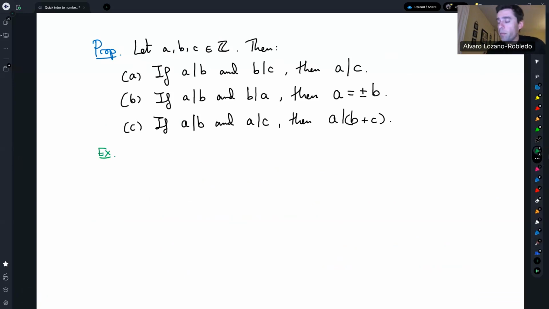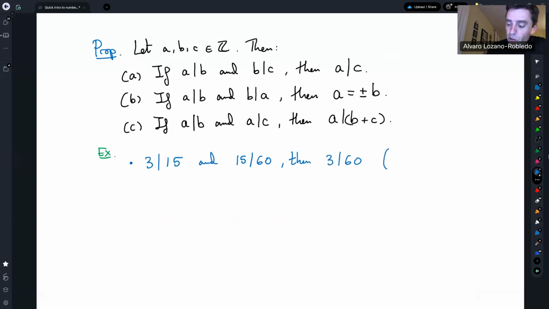First of all, 3 divides 15, right? We just saw that. And 15 divides 60, because 15 times 4 is 60. Then 3 divides 60. And you can see that is true because 60 is 3 times 20.